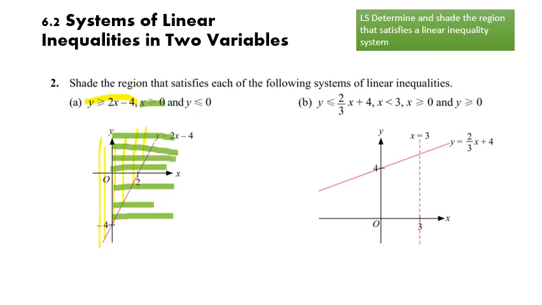Okay, next. Dia kata Y is less than 0. Maksudnya, garis kita kat sini, so dia nak less than 0. So maksudnya kawasan tu adalah kawasan bawah paksi Y yang ni. Okay.